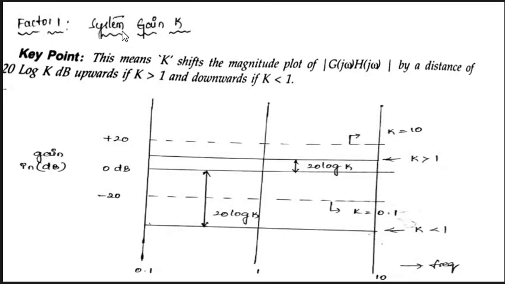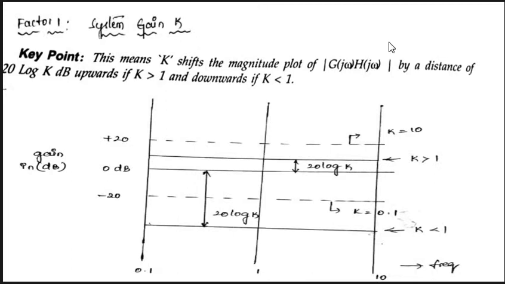First one: if the given system gain is k, here k is a constant, and this k value is either positive or negative. For example, k is equal to 10, or 20, or 15, or minus 10, or minus 50, like that.